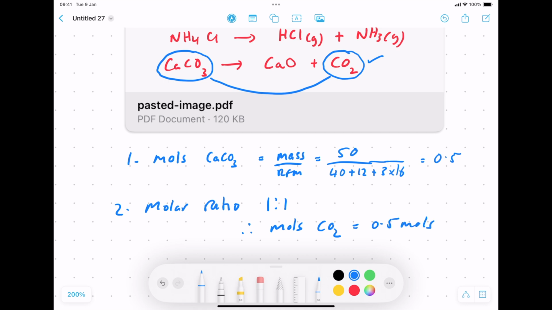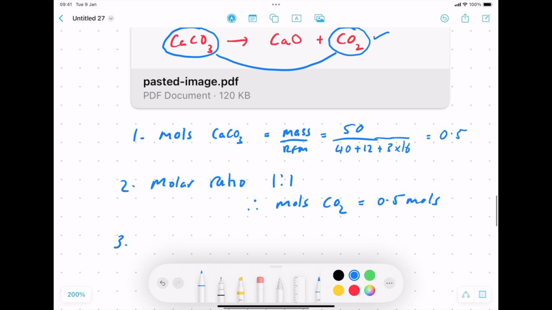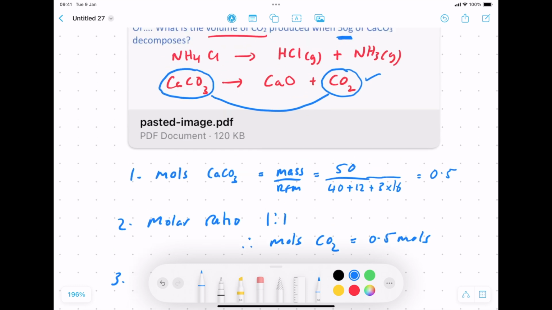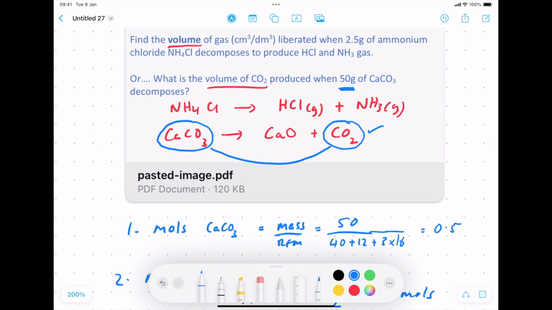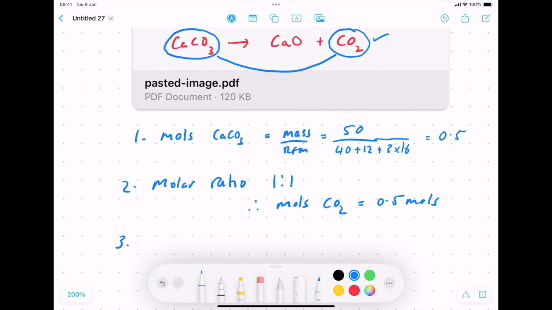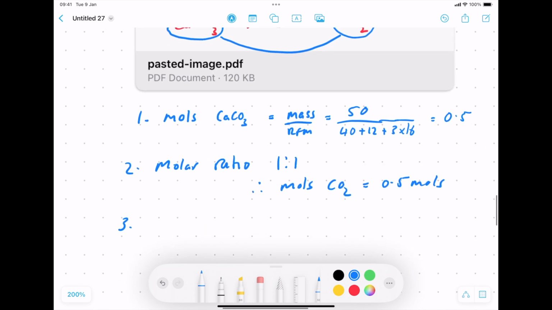Right, finally, step 3 of this 3-point process, again, I've attached the document below, is to find what is asked for in the question. So we have been asked for the volume of carbon dioxide. So I need to use the gas formula. So moles equals V over 24. Rearranging, V equals moles times 24. And now I'm going to plug the numbers in.